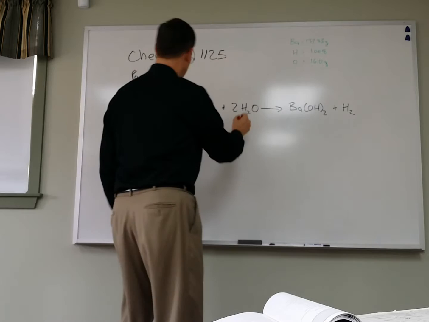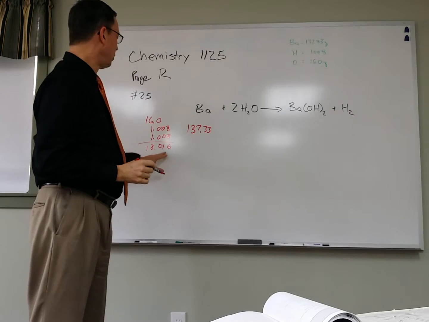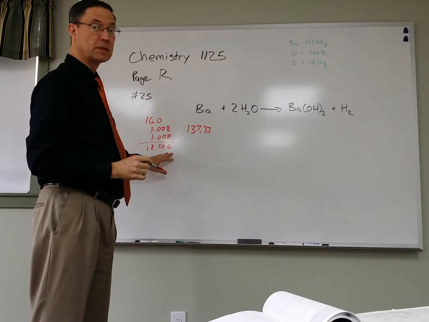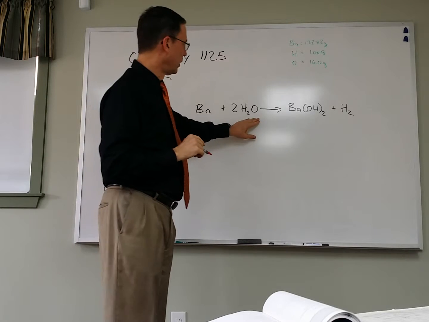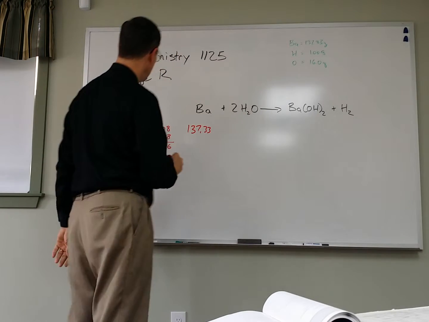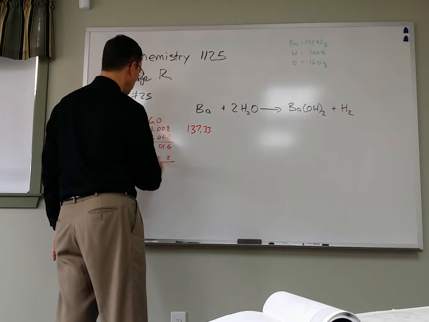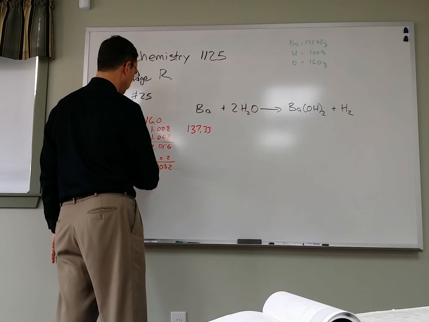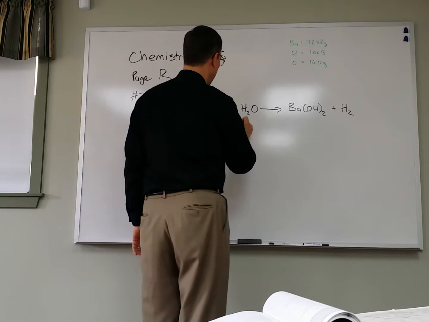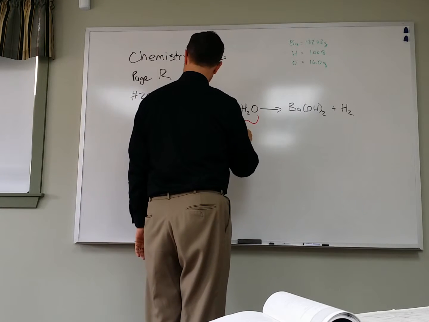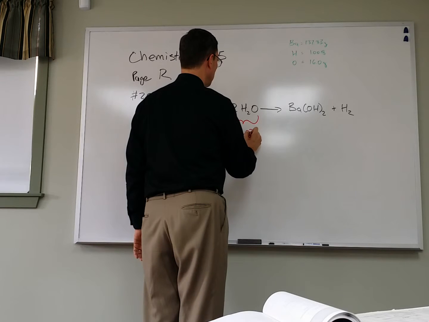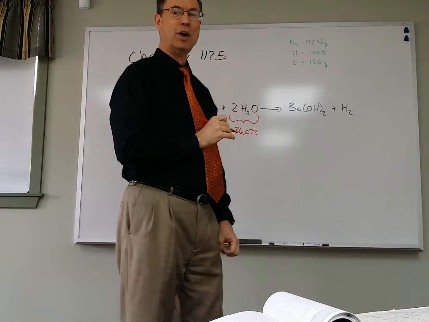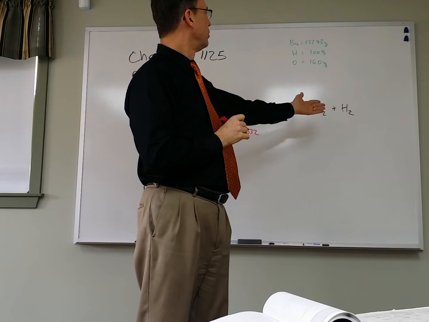So water would be 18.016 for one molecule of water, but notice I have two, so I'm going to multiply times 2. And for this, the whole thing becomes 36.032.